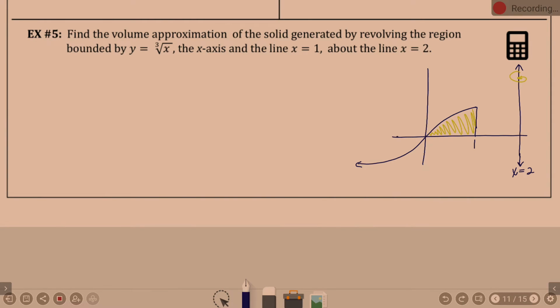We're going to have to know some information before we set up our integral, yes? What are we going to have to know? Or what are you finding right now?